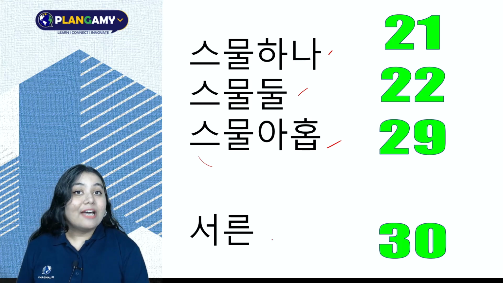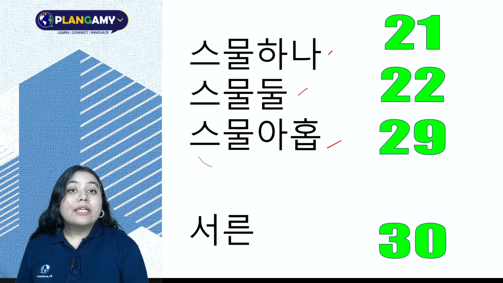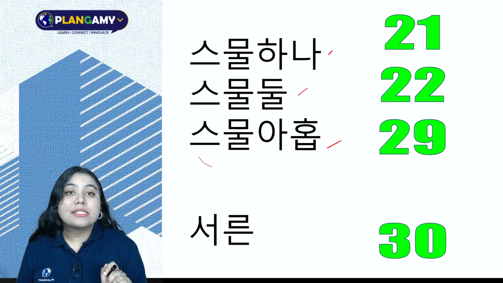If you notice, unlike Sino-Korean numbers, here 10, 20, 30, 40, 50, 60, 70, 80, 90 have all different names. So you need to learn the numbers from 1 to 9 and all the 10s.